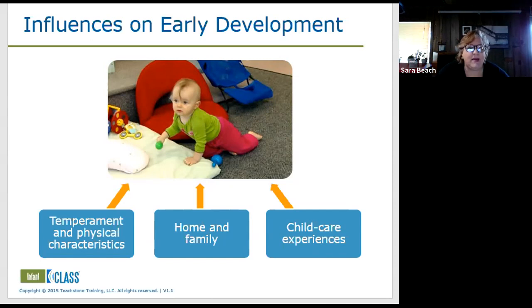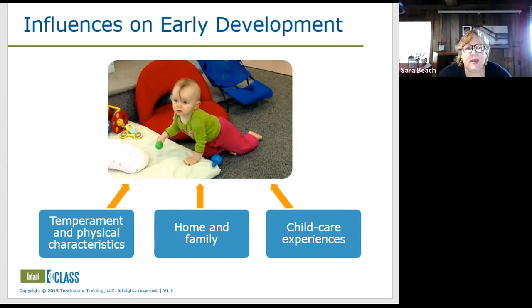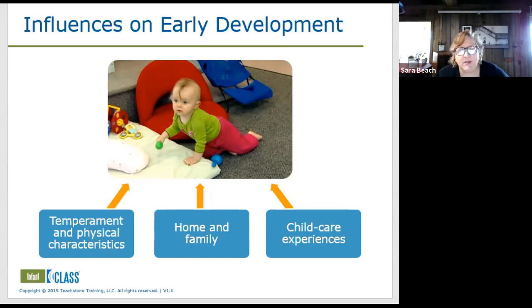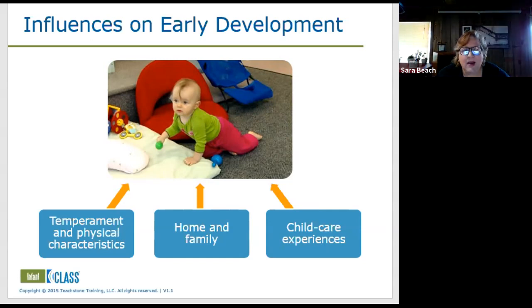How are we maximizing children's growth and progress? And so we know that temperament and physical characteristics that are inborn have a lot to do with how kids grow and develop. And every child has a different personality, much of which is temperamental and genetically influenced.